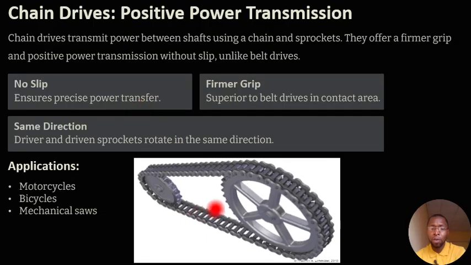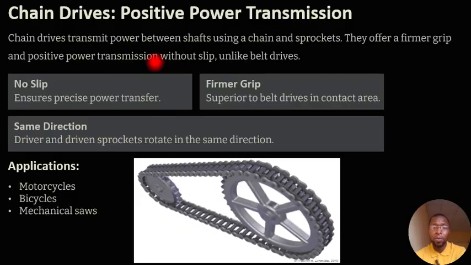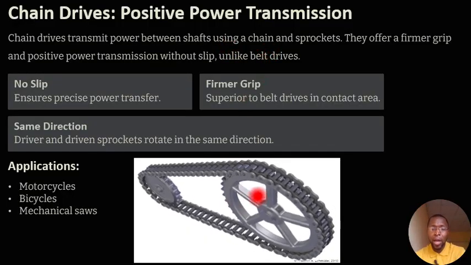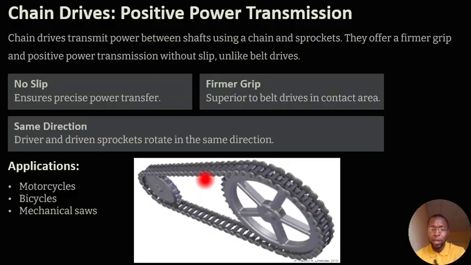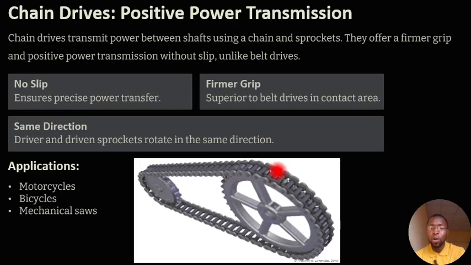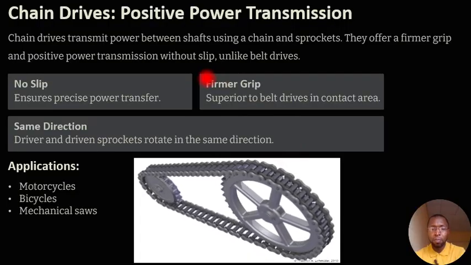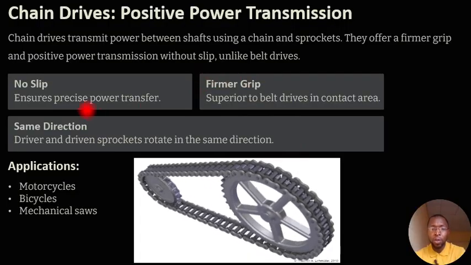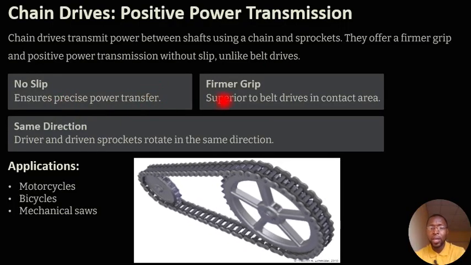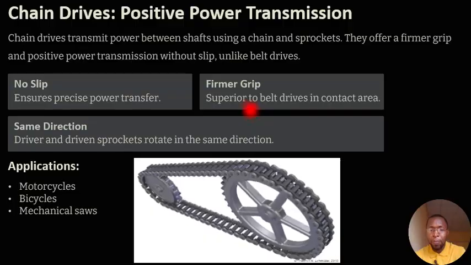Okay, this is a typical diagram of a chain drive. So the chain drive also transmits power between shafts, just like the belt drive. But this time around, it makes use of a chain and sprockets. This is a sprocket here that we referred to as the shaft in the belt drive. So the advantage of this over belt drive is that it does not slip off the sprocket, and it grips firmer.